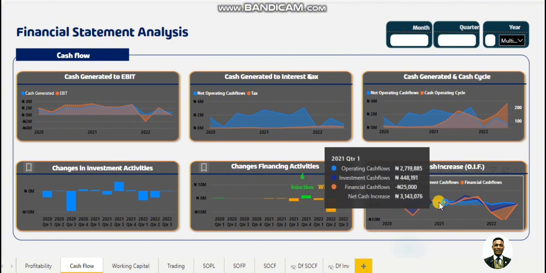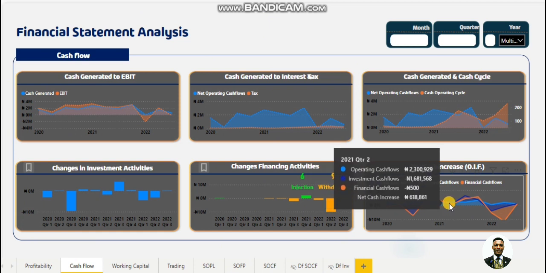We also see another increase, investments and operations contributing positively, while financing cash flow affecting it negatively by a reduction of 25,000 naira. We saw another positive one, but then it would have been more because operations gave 2 million, but investment activity and cash flow from financing activity brought it down.